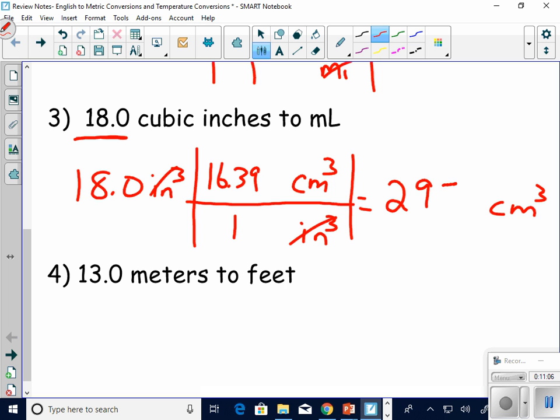So 3 sig figs are 295 cubic centimeters. But like I said before, that'll tell me that it's also 295 milliliters, because 1 cubic centimeter, again, is equal to 1 milliliter.